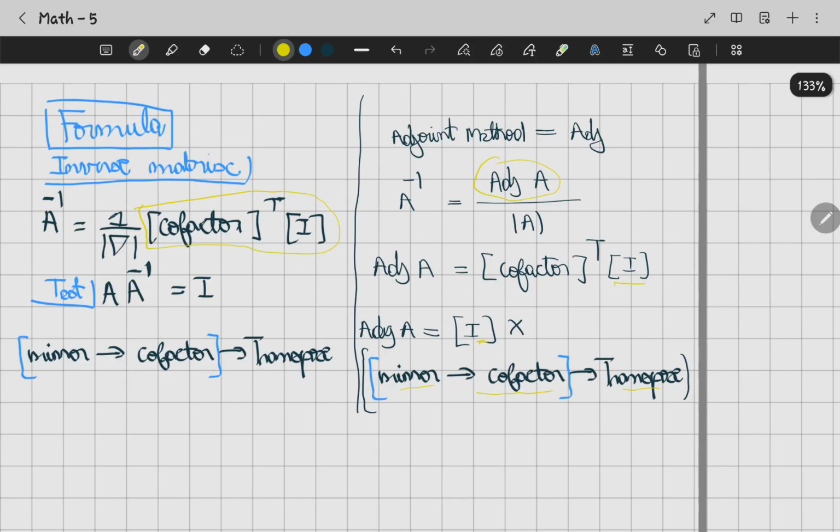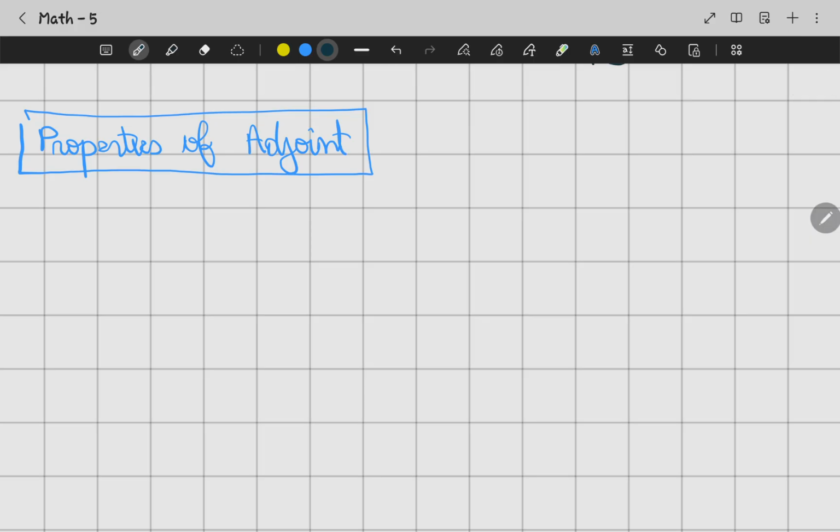This is a definition of what you should know about this formula. So this is the adjoint of a matrix. Now we're going to start what we are supposed to be covering: the properties of adjoint.